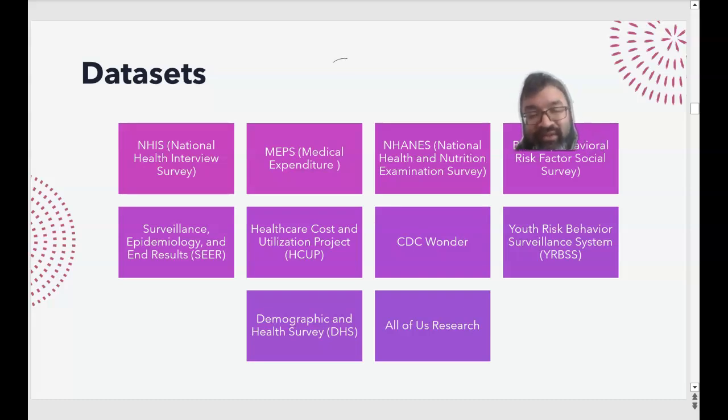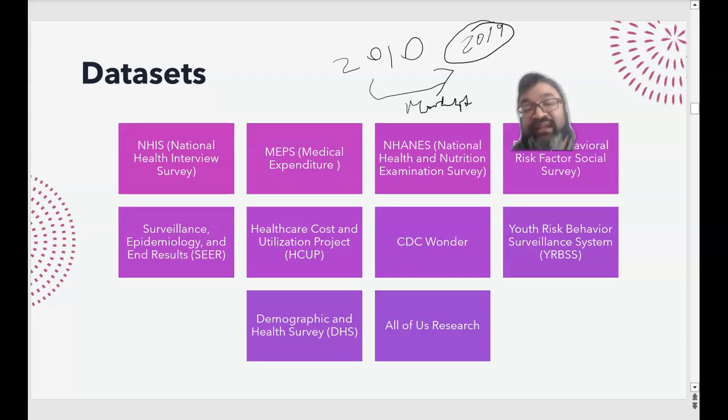So even though I told you that there is 2010, remember at the beginning of this talk I said that when you follow up through 2019, number one, you're able to study mortality at a longitudinal level, and number two, you're able to use a year that's more current, and then reviewers and individuals that are looking at this research will be able to understand that this is way more recent than looking at just 2010.